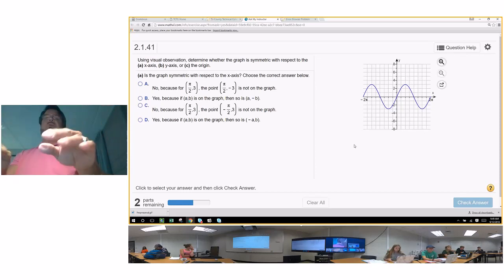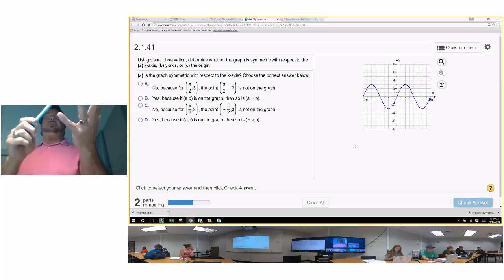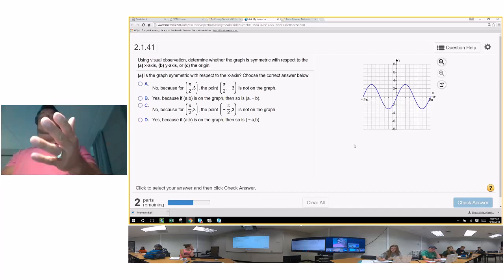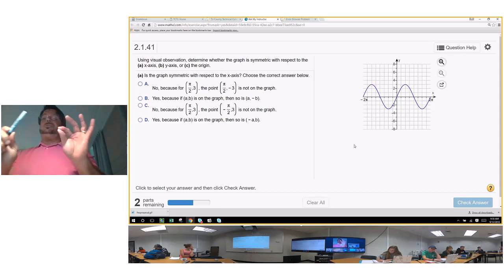We're going to talk about that in just a minute. Just write, using a visual observation, determine whether the graph is symmetric with respect to the x-axis, the y-axis, or the origin. Okay, so right quick, write that down and then sketch the graph. You don't have to write the other stuff, okay?